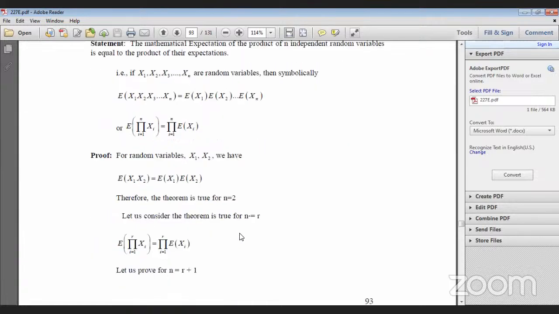Then for the random variables x1, x2, we have e of x1 x2 is equal to e of x1 and e of x2. Therefore the theorem holds for n is equal to 2. Correct or kada? Yes, sir. Amma, just a minute, Amma.